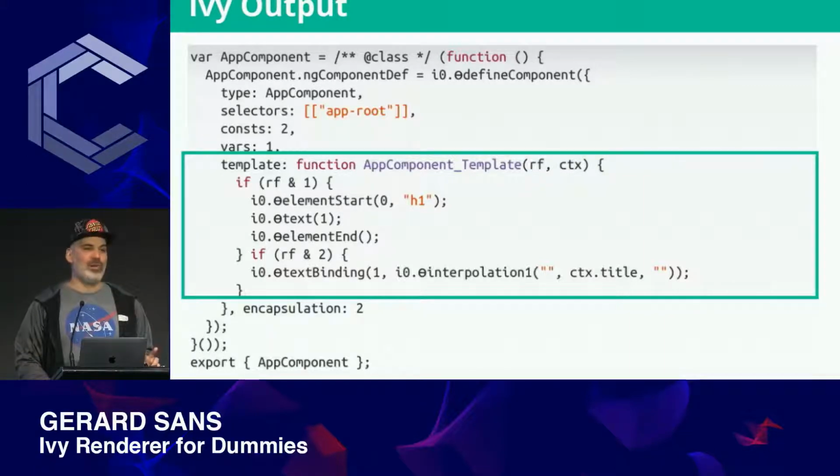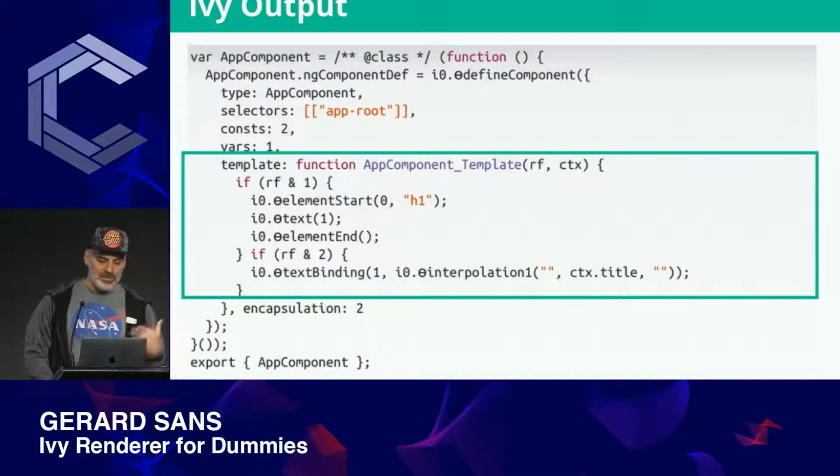If there are any properties for that component, these properties will come with the context. And we have two phases. We have the initial rendering, when we instantiate the component, and then when there is a change detection trigger, which is this second branch. We can see this render flag that is deciding what is going on. So the first phase is going to render these elements. The second one will detect if we change that text, and it will do the replacement.